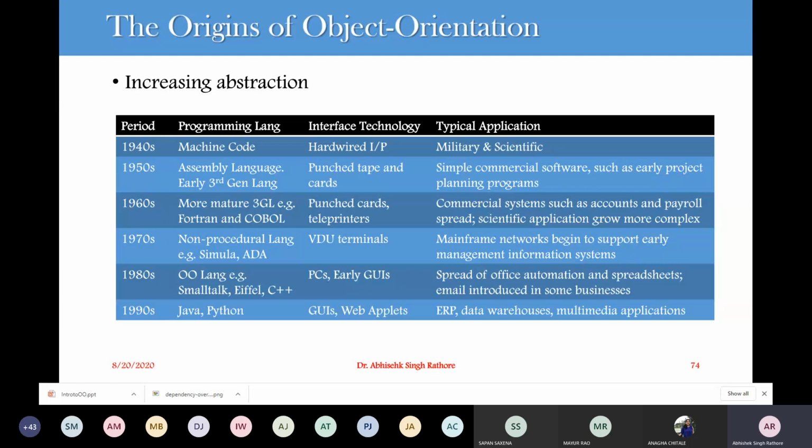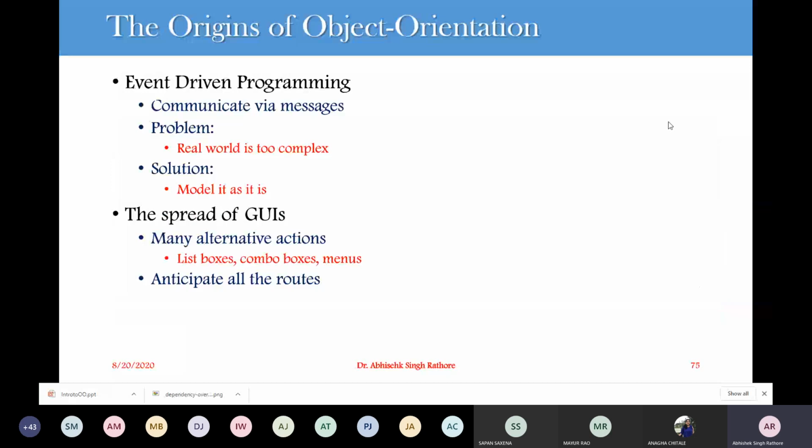So right from this table, we can see that we have different levels of abstraction available, and this abstraction level is increasing, and we have more specific types of languages available, and thus it provides the necessity of object-oriented languages with the increasing level of abstraction. Then the second reason is event-driven programming.